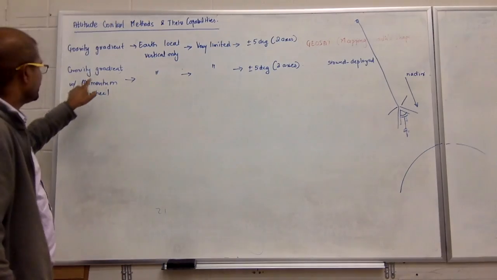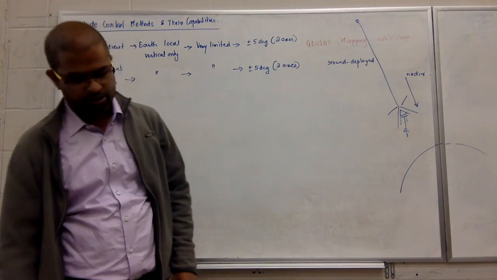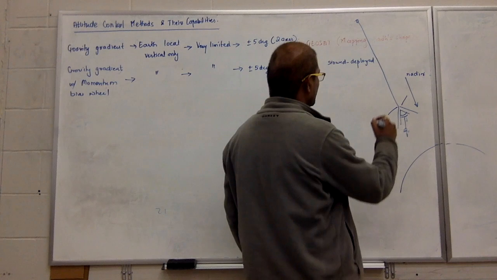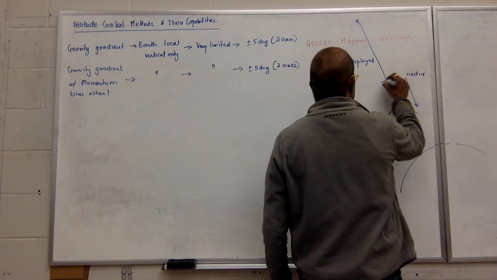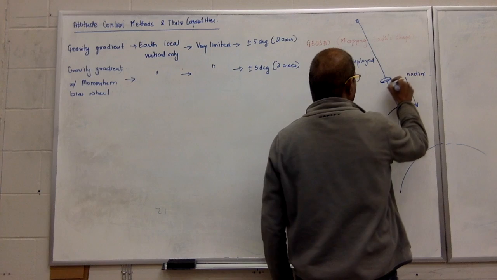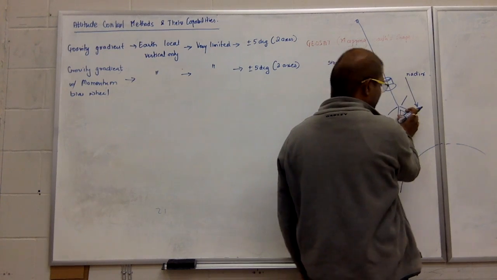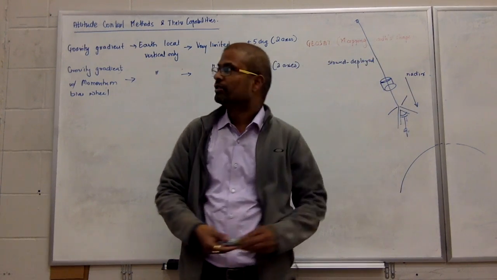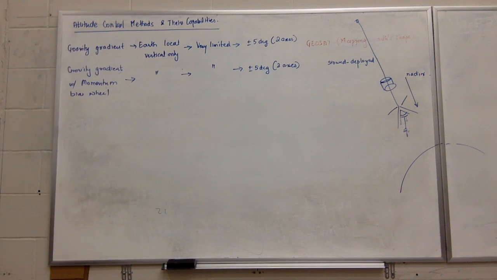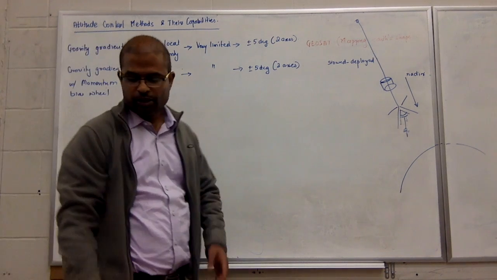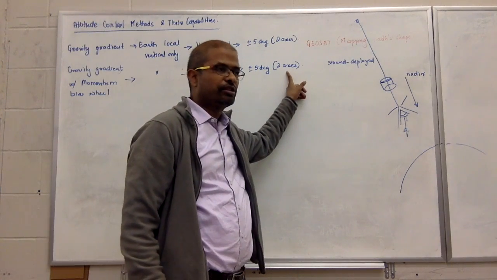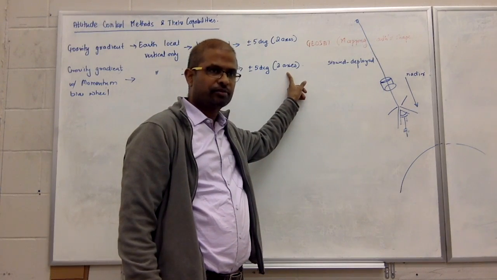Now, gravity gradient with a momentum wheel. What you do is have a wheel in this direction, in this axis, and if it is spinning, and the wheel speed stabilizes, there will be no rotation. You will achieve all 3-axis stabilization. Does that make sense?